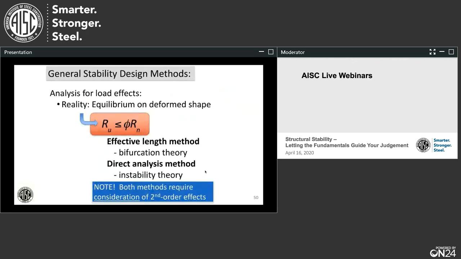Now, this is an important part here. Both of these methods, and I'm just showing you the LRFD format here, require that the required strength be less than the design resistance. Both of these design methods require you to consider second-order effects, all right? When we came out with the direct analysis method, it seemed like the effective length people were saying, well, I'm not going to do that because I don't want to do a second-order analysis.